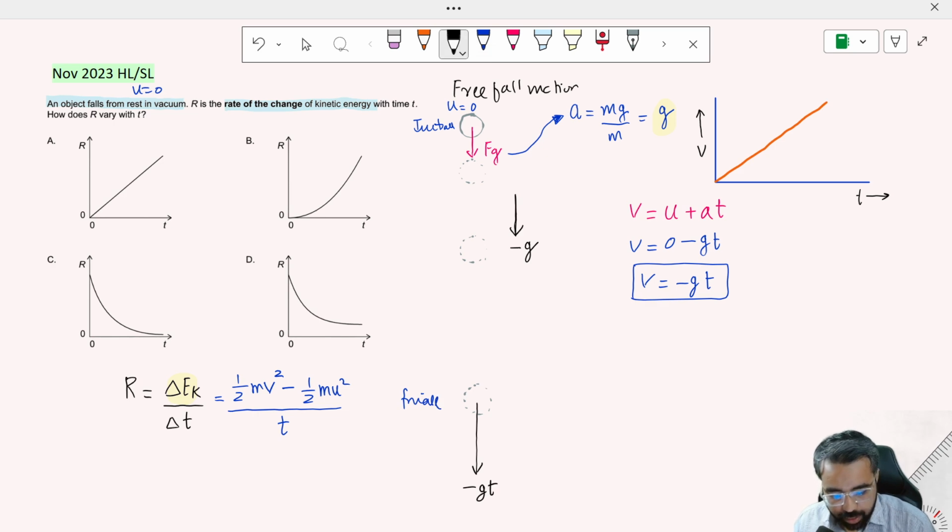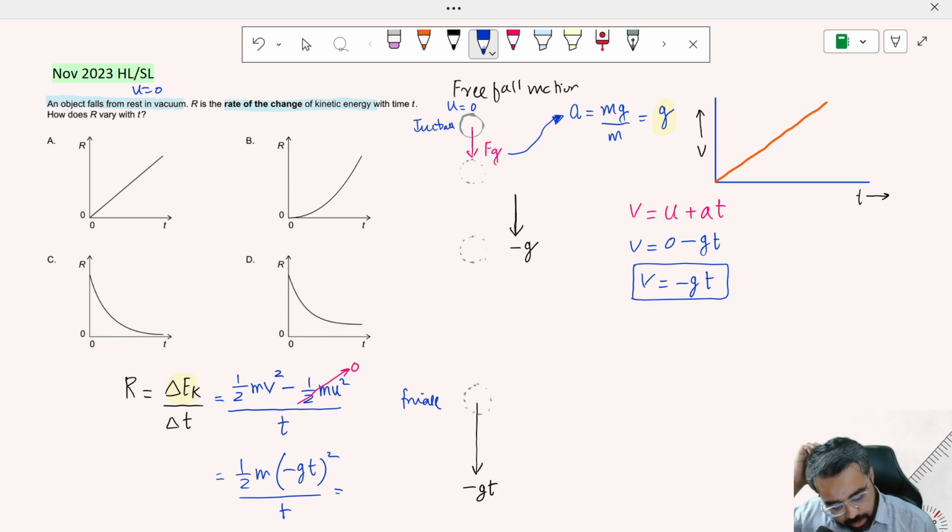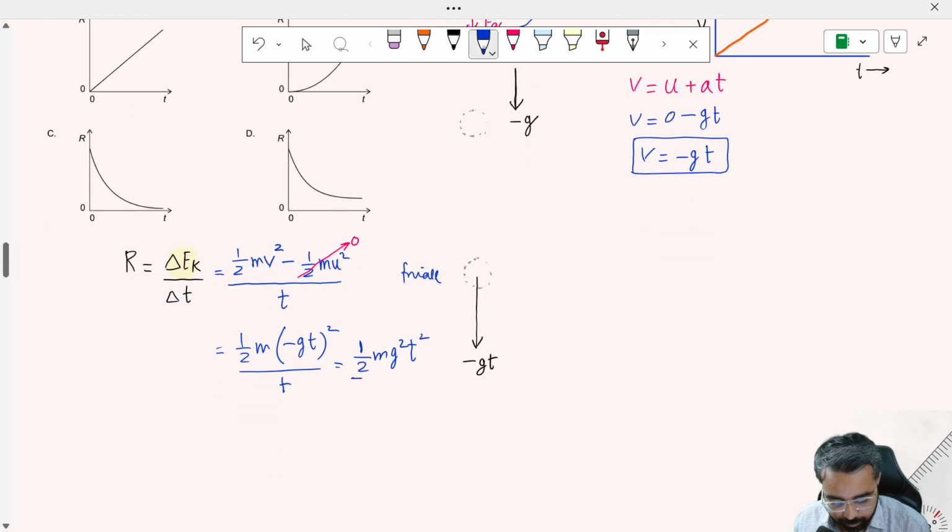You understand? And what is the initial kinetic energy? That must be zero. So putting the values in this equation: one over two m times negative gt whole squared, over t, and that is so easy. Now you can solve it: g squared t squared over t.